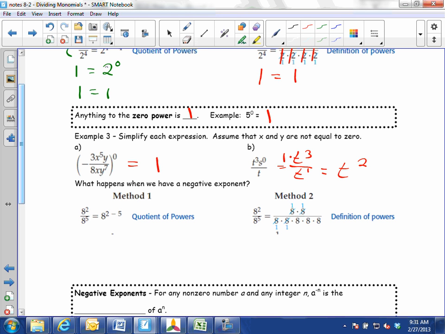Whenever you have a thing to the 0, just get rid of it, since it's just going to be times 1, so it's gone. The 0 has to be on the outside of everything to make everything 1.